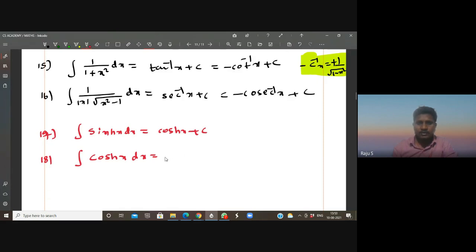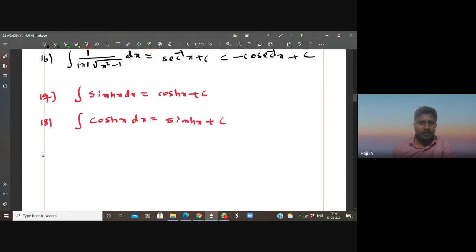Integral of cosh x is sinh x plus c. And what about this 19th one? Integral of tanh x is log mod sech x. Log mod sech x is not used here, because here it will be log mod cosh x plus c.